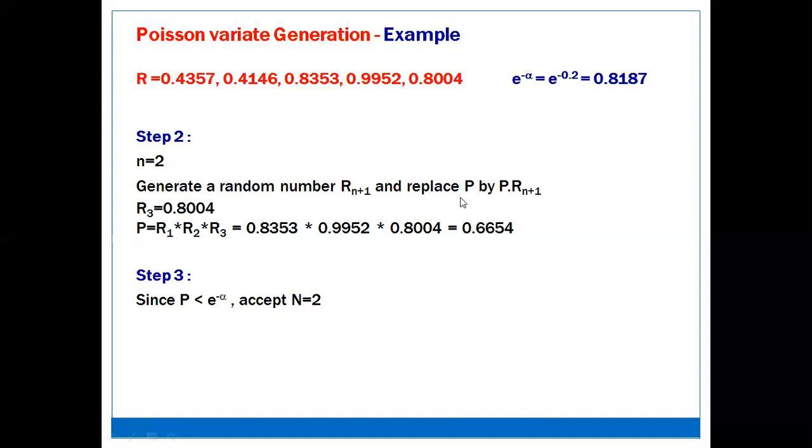Generate a random number, replace it with this. So r3 now will become 0.8004. P will be r1 into r2 into r3. So that becomes 0.6654. Since it is less than e power minus alpha, accept n as 2. So all the numbers are done with.